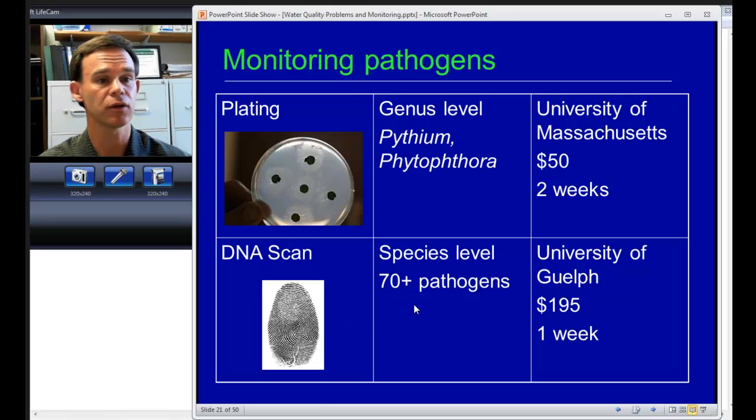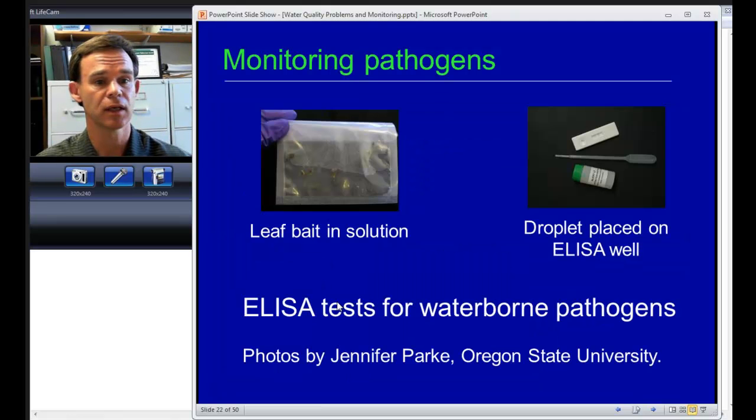You send your water sample off, and they will check whether the DNA for about 70 or more known pathogens are present in your irrigation water. One of the key differences is that the plating method will tell you whether these are live organisms. This will just tell you whether they are present. So if you've got a water treatment system, you may have the DNA present, but the organism may be dead.